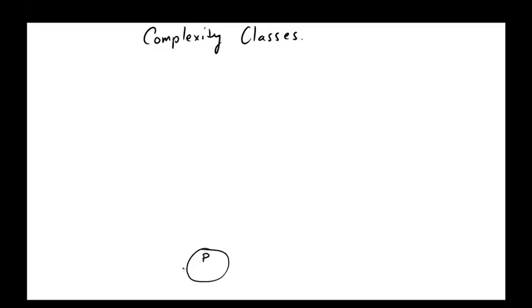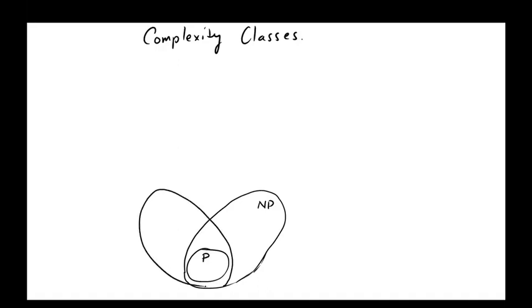And then remember, there was this class NP, which contained many of the problems that we'd like to solve, like satisfiability. Now, if you take a problem which is in NP, like satisfiability, you could also look at the complement of it, and you get this class coNP, which contains problems like not satisfiable. Is this formula not satisfiable?